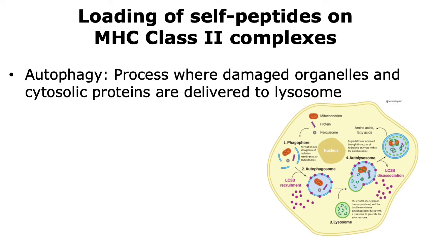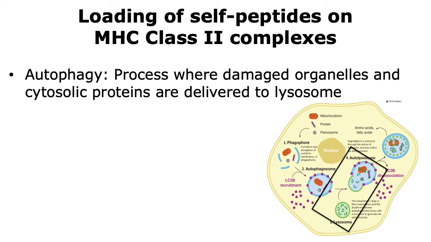The process of autophagy involves the formation of a phagophore, that is a membranous structure that will form around the damaged organelles to ultimately give rise to an autophagosome. This autophagosome is a vesicle-like structure which will contain the damaged organelles or cytosolic proteins that are present in a cell. The autophagosome then fuses with the lysosome to form an autolysosome.